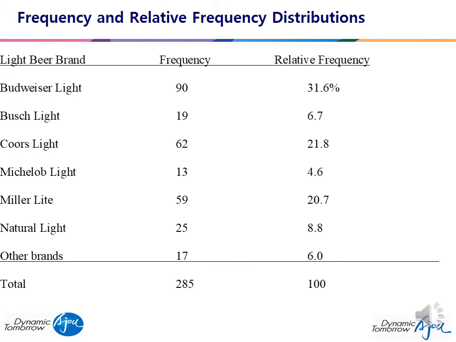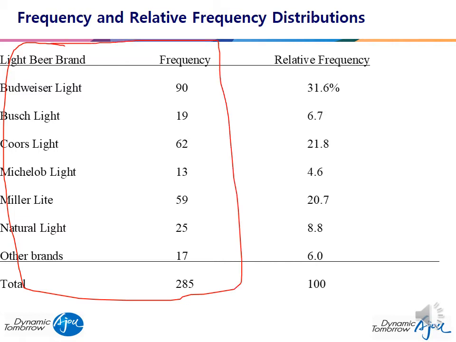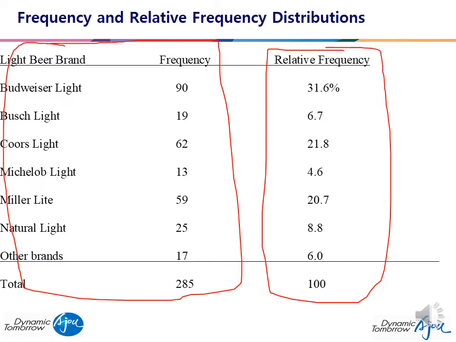So now, based on the previous data, we can create this frequency distribution and this relative frequency distribution. This is a table technique for nominal data, and the previous one is nominal data. For that nominal data, we can create a frequency distribution and a relative frequency distribution.